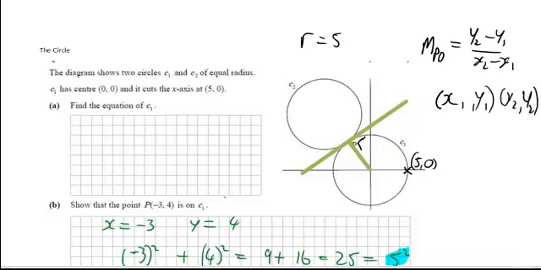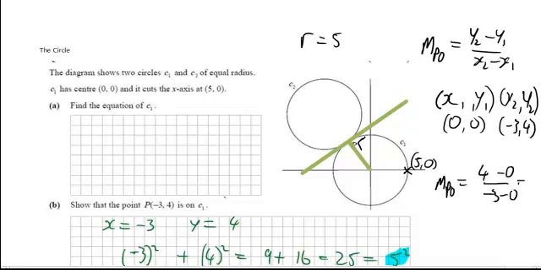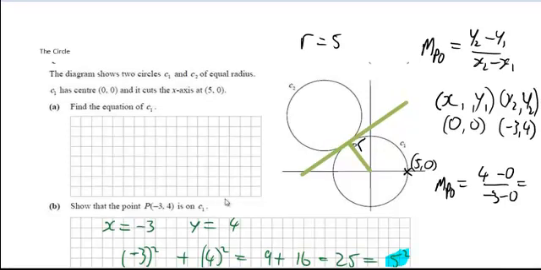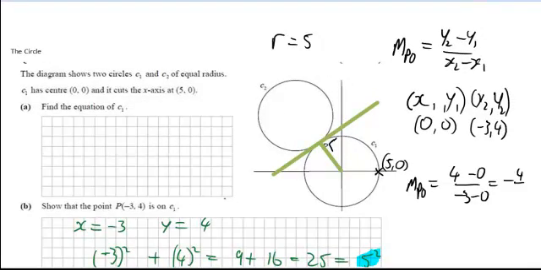The x1, y1 will be 0 and 0, and the other point is point P, which is (minus 3, 4). So the slope of P to 0 would be equal to y2 minus y1, which is 4 minus 0, over minus 3 minus 0, which is equal to minus 4 over 3. So therefore, the slope of the tangent, flip it and change the sign, is going to be positive 3 over 4.